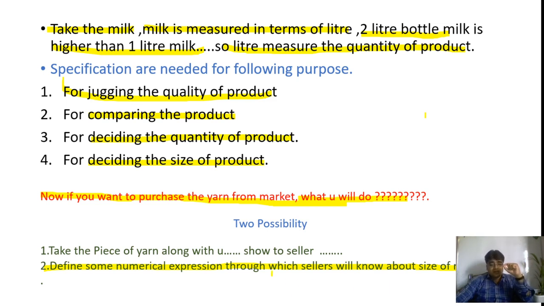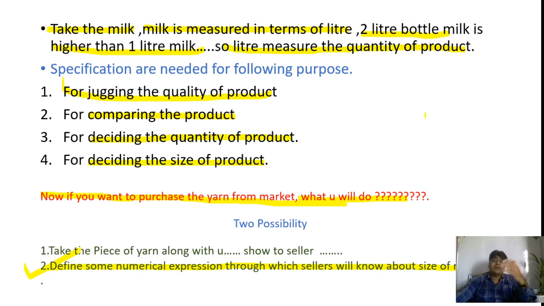So here, in the yarn market, the majority of people refer to this second option. They always express some numerical expression through which the seller will automatically know what kind of yarn is needed. For example, I need 20s yarn, I need 30s yarn, I need 40s yarn, I need 60s yarn.